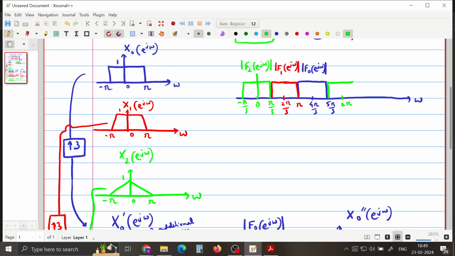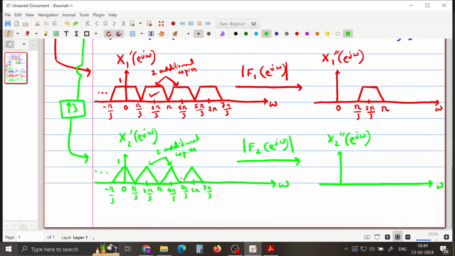So the figure here in green, this portion, it's from minus pi by 3 to plus pi by 3, and again it repeats at 2 pi. So it will select only that portion of the input spectrum. It will select basically this part, and since it repeats at 2 pi, it will again select this part.